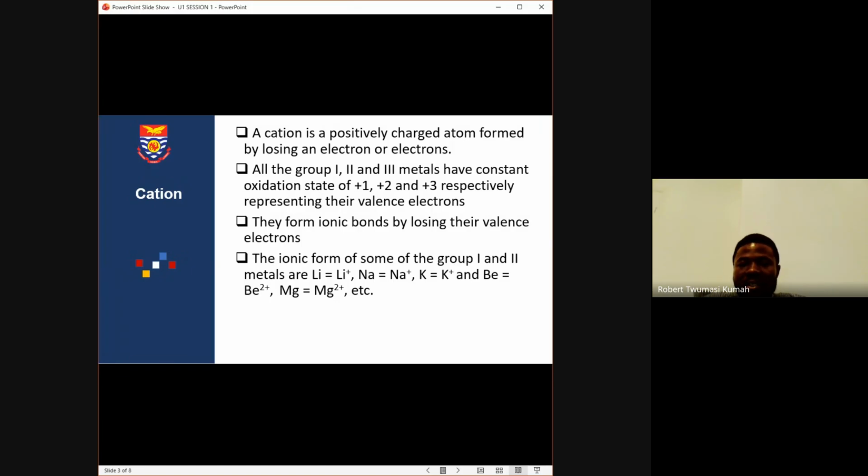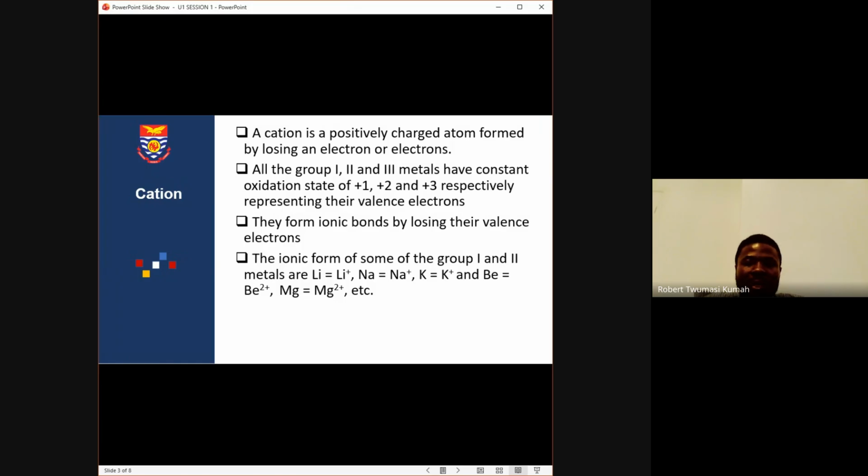So for the first shell, we should have a maximum of 2 electrons for it to be stable. Apart from the first shell meeting the duplet rule, the rest should meet the octet rule, and for that matter, there should be 8 electrons.